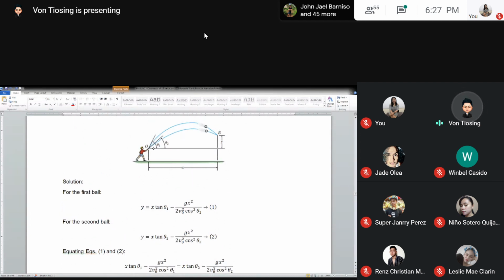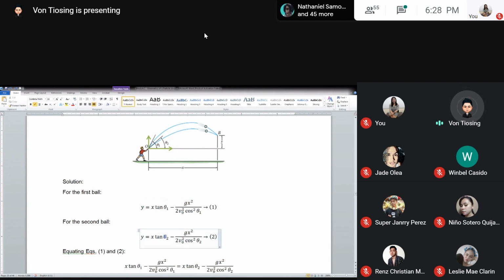So, ibig sabihin, lahat ng measurement is in terms ng x and y. Okay, so ibig sabihin, yung point B is a distance x from the y-axis and distance y above the x-axis. Okay, so kung titignan natin maigi, same lang yung formula para sa dalawang ito. So y equals minus g x squared over 2 v naught squared cosine squared theta.